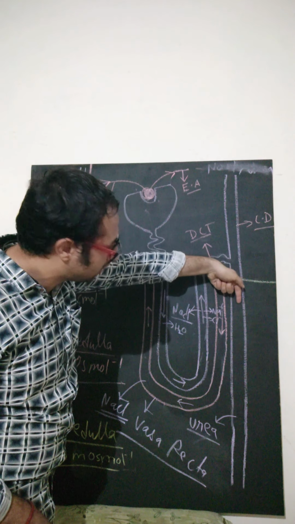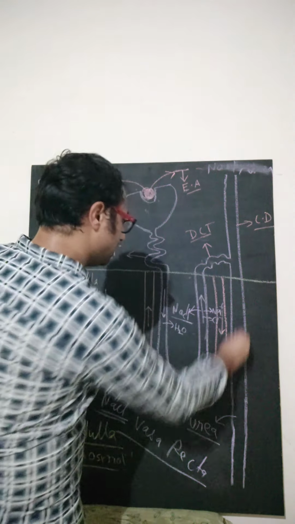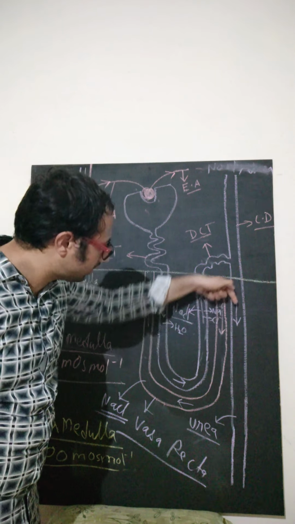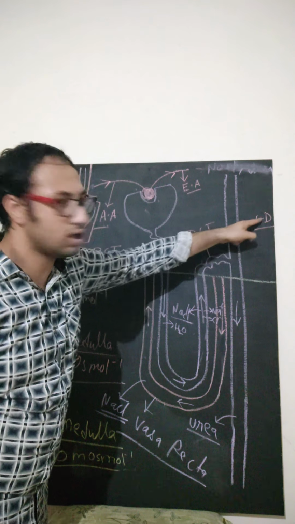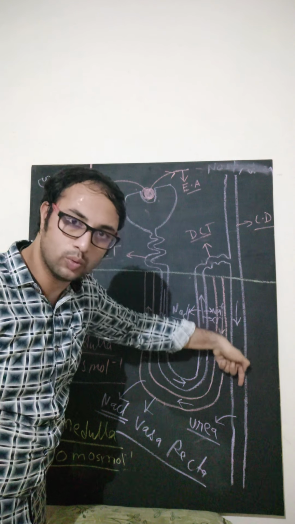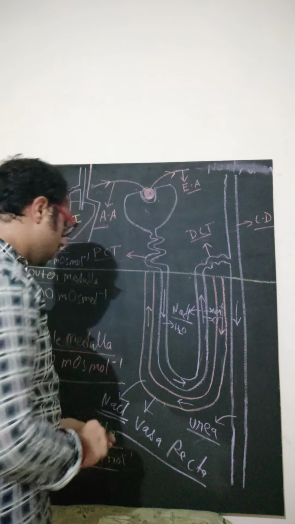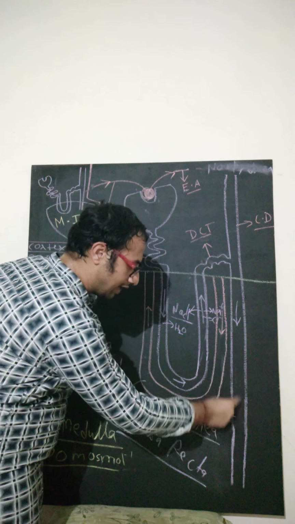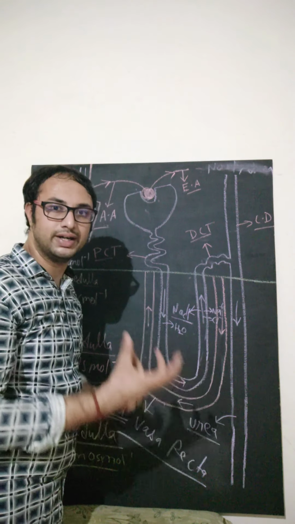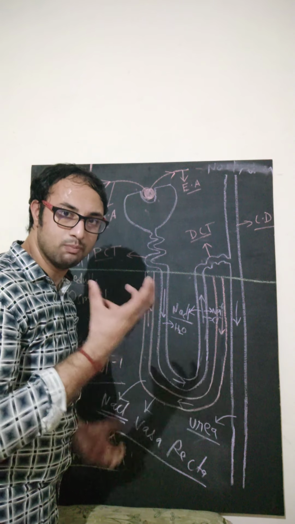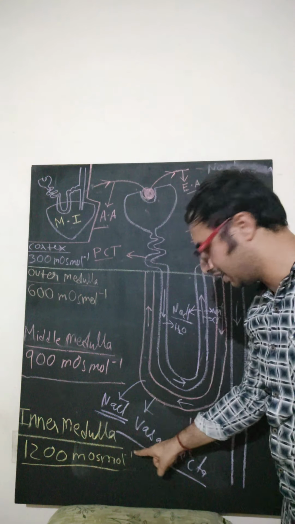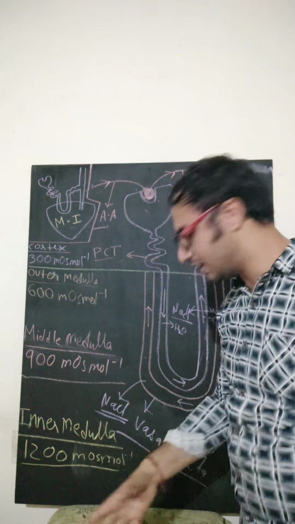That dilute filtrate will come down through this collecting duct. It is moving downward, downward, downward. Now what happens when this dilute filtrate, which contains more quantity of water, passes through this region, the inner medulla, whose osmolarity is very, very high?